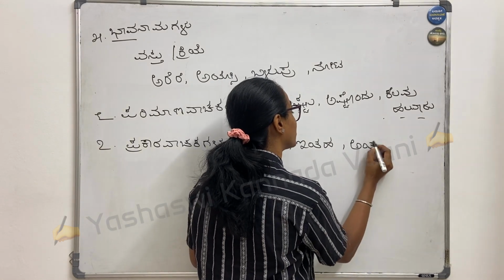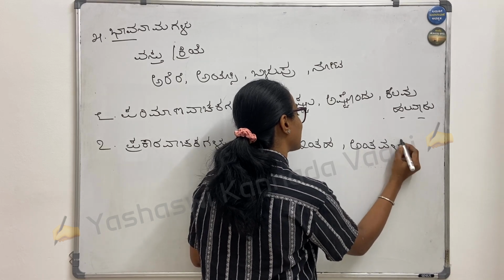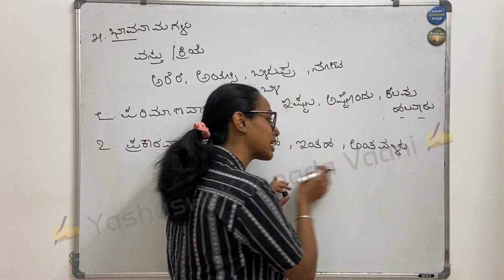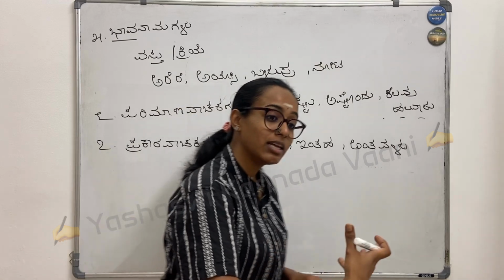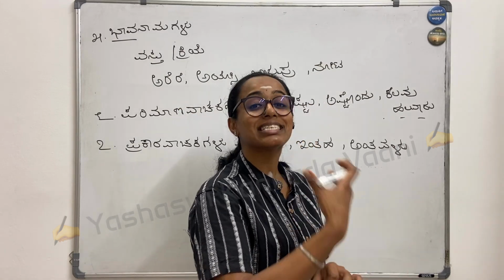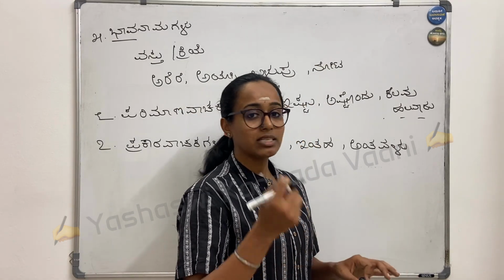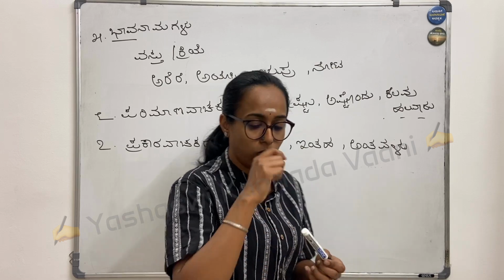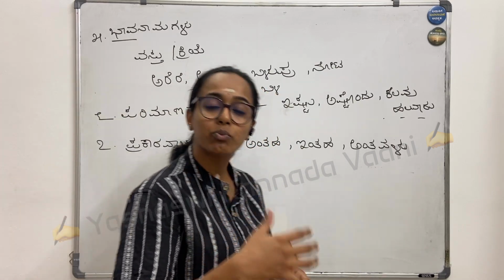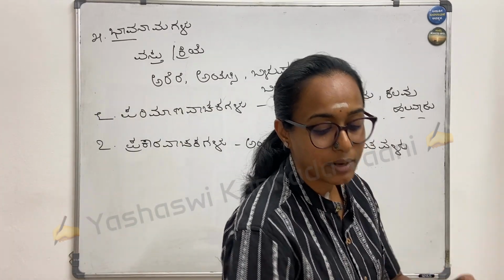Avalu antavalu. We use these kinds of words to explain the person or the situation. That is called prakara vachakagalu. Okay? Remember these words, it will be easier for you to understand.